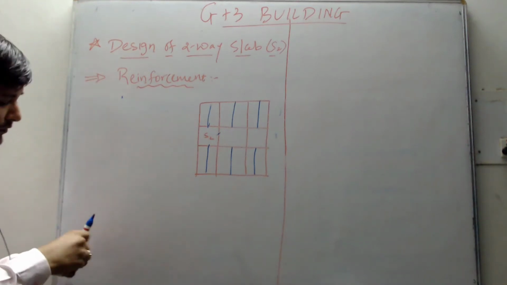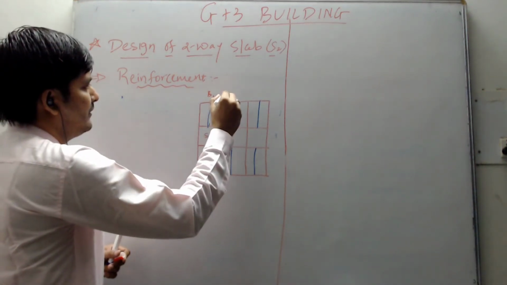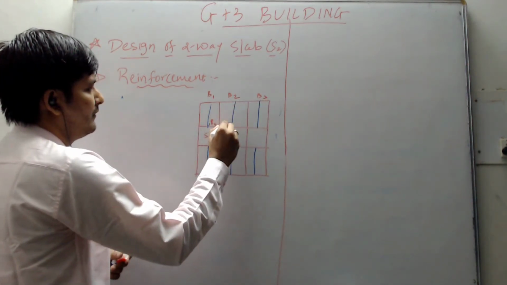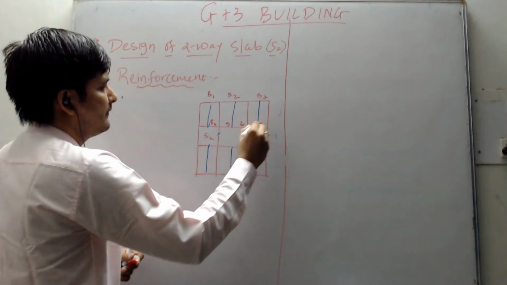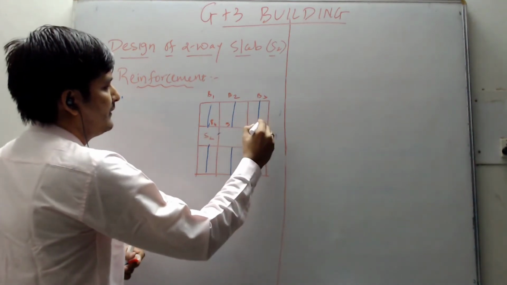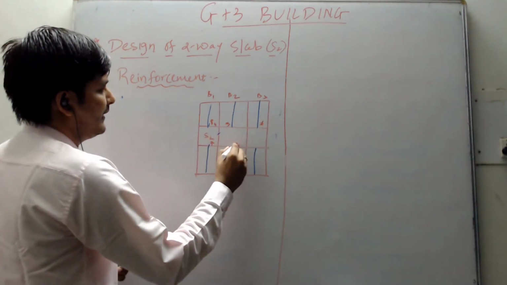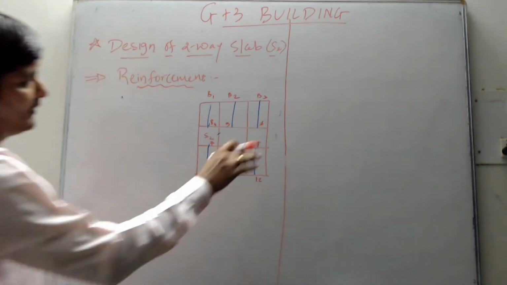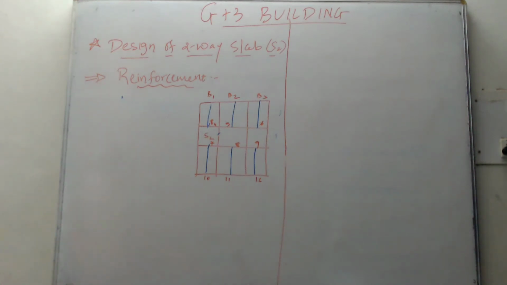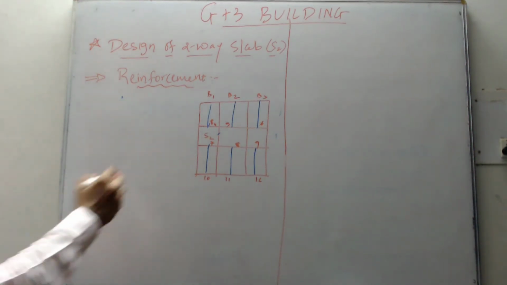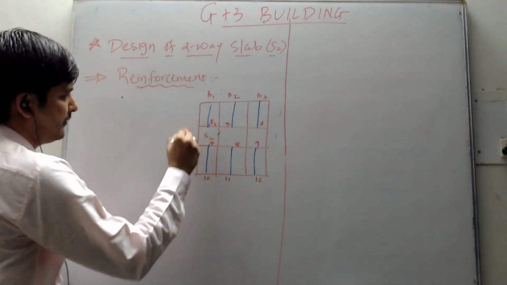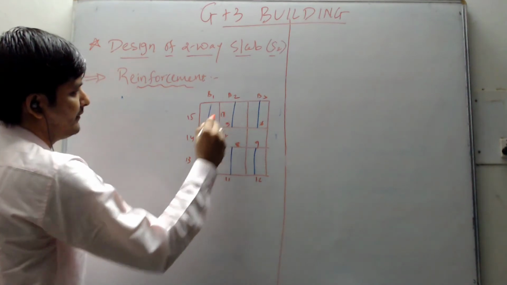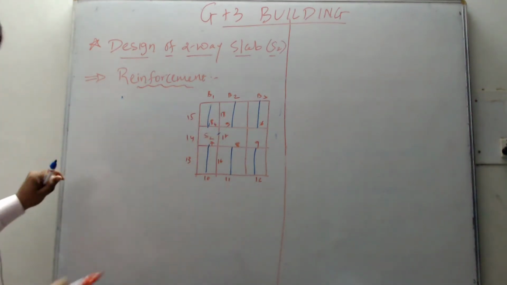And if I do the numbering, this is B1, B2, B3, this one is B4, 5, 6, 7, 8, 9, 10, 11 and 12. So all the horizontal beams, up to 12 in the horizontal, right? Then this will be 13, 14, 15, then 16, 17, 18, right? So we are concerned about these points only, so I am not going much in the detail.